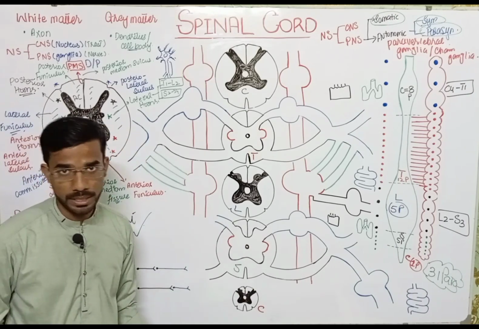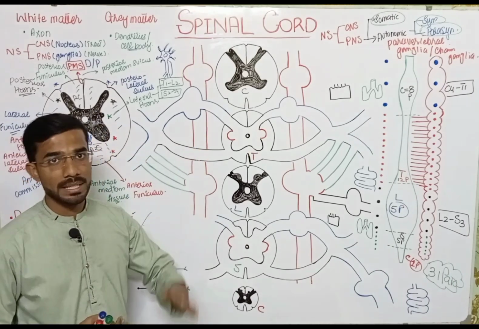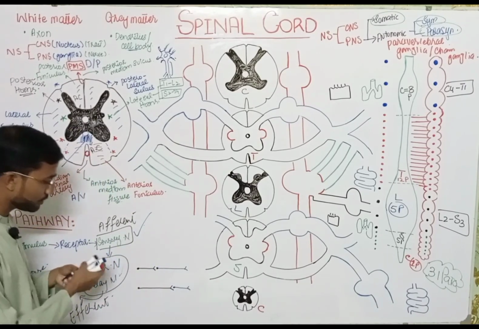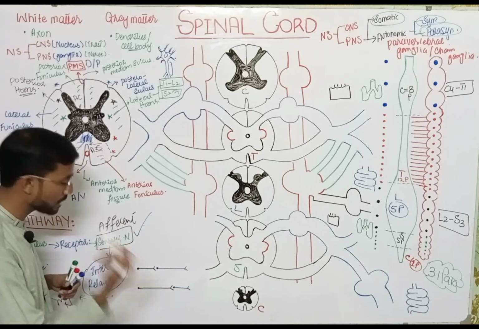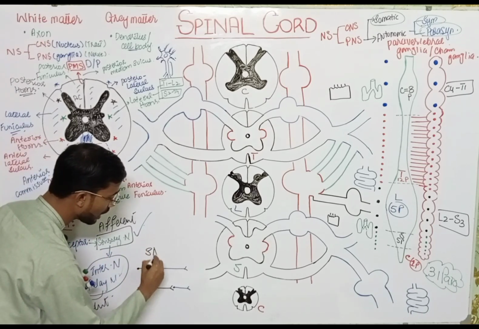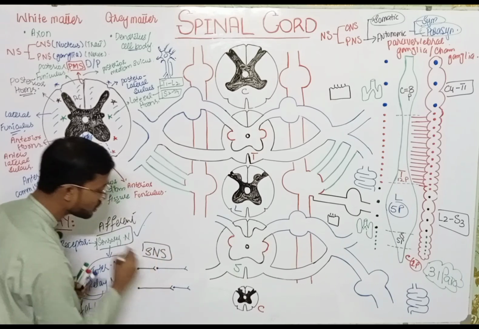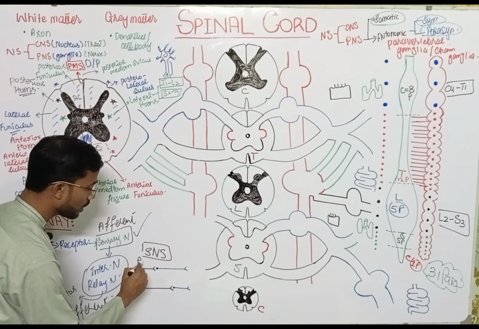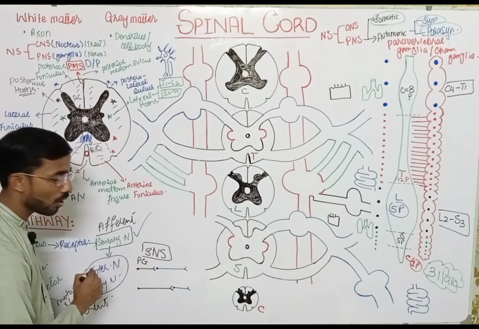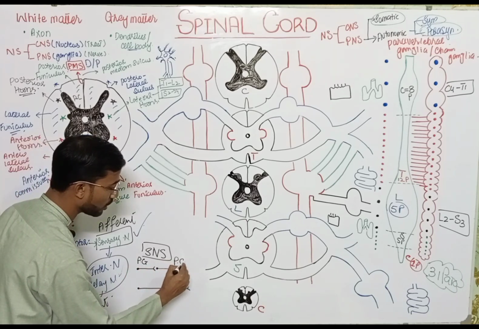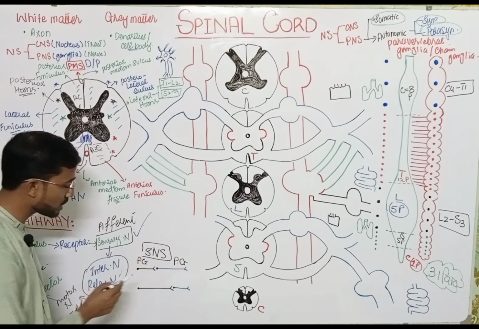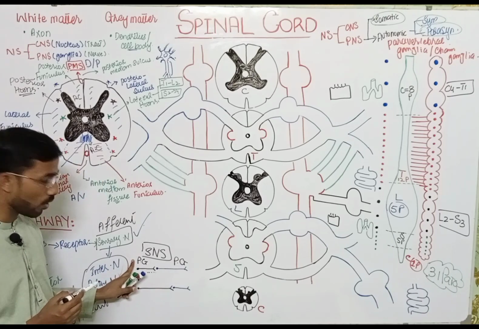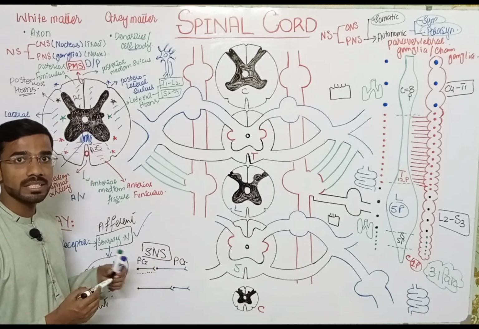Before we discuss, we first need to know the basic difference between the sympathetic and the parasympathetic. In the sympathetic nervous system, there are two things: the preganglionic neuron and the postganglionic neuron. In the sympathetic nervous system, the preganglionic neuron is small and the postganglionic neuron is large.